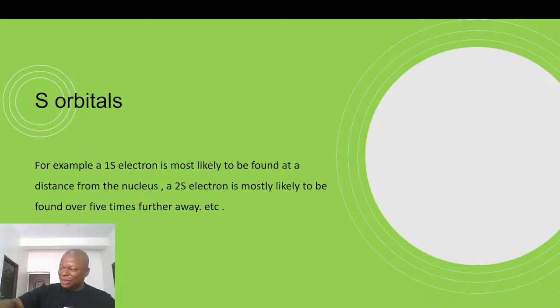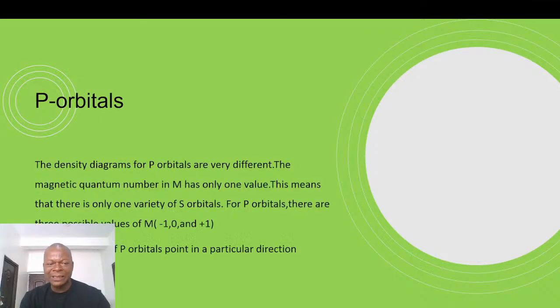That's if you measure the radius. Some of you that have done mathematics know the radius of a circle. Like I said, this thing is spherical. If you have done the radius of a circle, you will know what I mean by distance from the nucleus: the distance from the center to the circumference. That is the radius of a circle. So note that the distance from the nucleus to where the 1s electron is located is different from the distance from the nucleus to where the 2s electron is located, and so on. That's what I'm trying to explain.